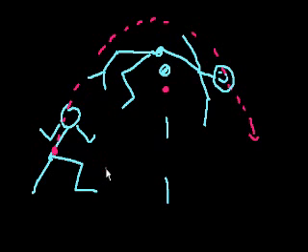And because of that, you can clear a bar without having your center of mass go as high as the bar. And so you need less force to do it. Or another way to say it, with the same force, you could clear a higher bar. Hopefully I didn't confuse you, but that's exactly why these high jumpers arch their back, so that their center of mass is below the bar, and they don't have to exert as much force.